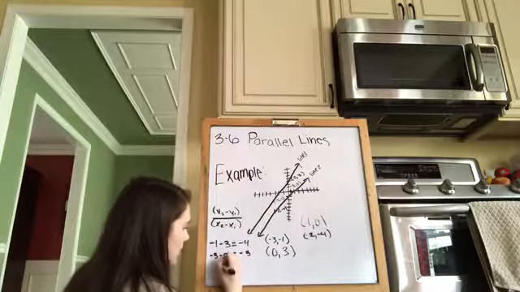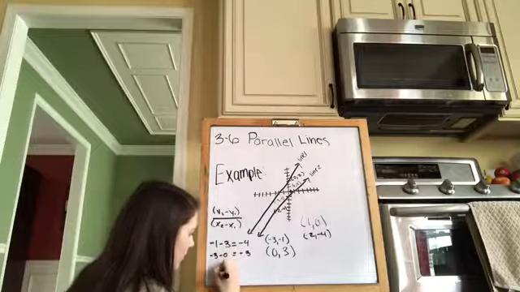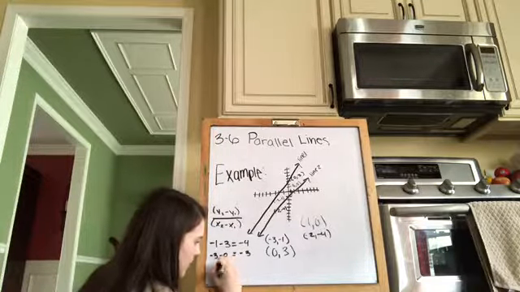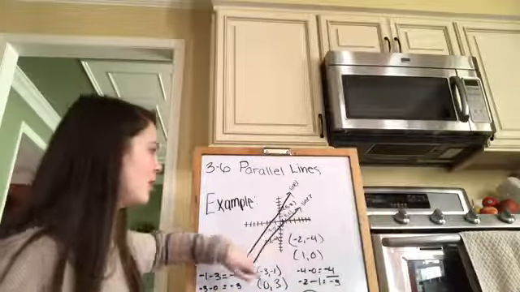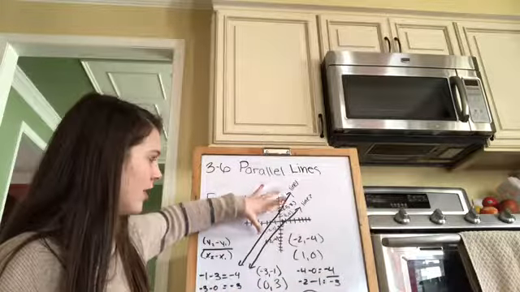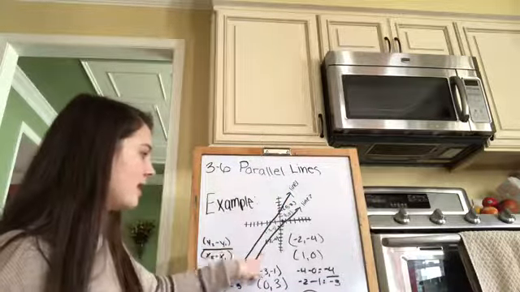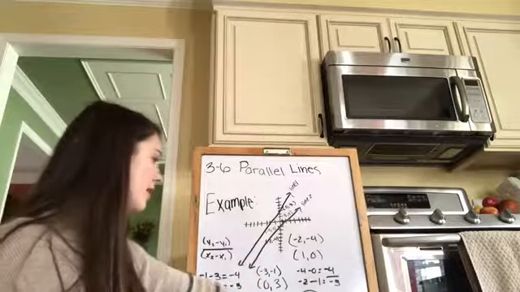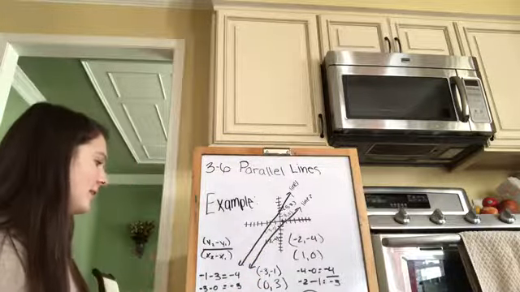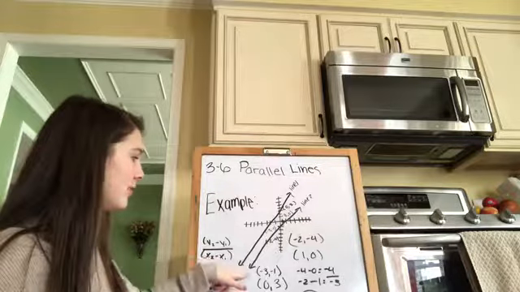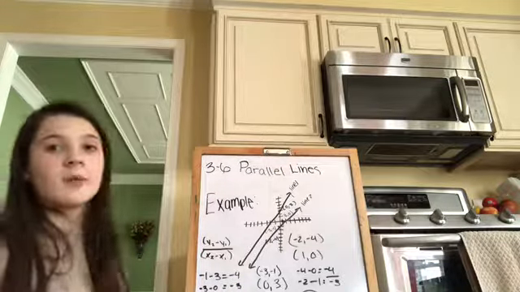And that will turn into a positive 4/3. And so you do the same thing for the other line, except you just change your numbers, and the slope is 4/3, and that is the same as the other. So that is how you find whether two lines are parallel or not, because they have the same slope.